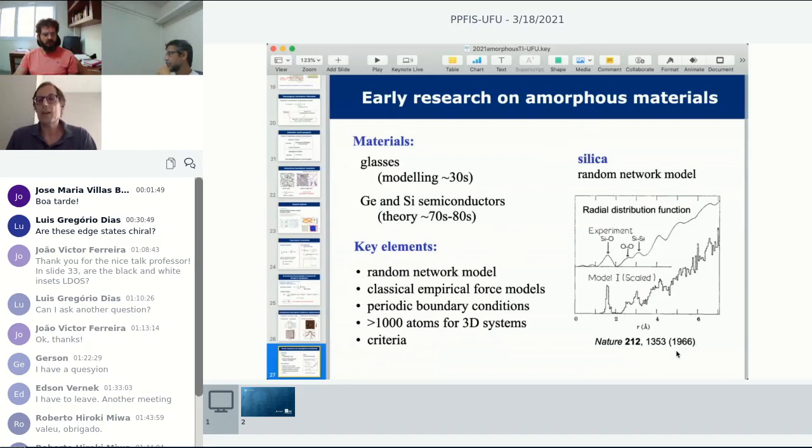That would give you a Nature paper 50 or 60 years ago. What you see in this simulation is that the system retains the memory of the nearest neighbors. It knows more or less where the nearest neighbor atoms are, and once you go far away, all this is washed out.